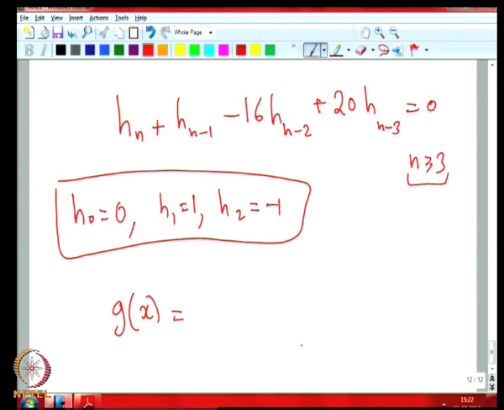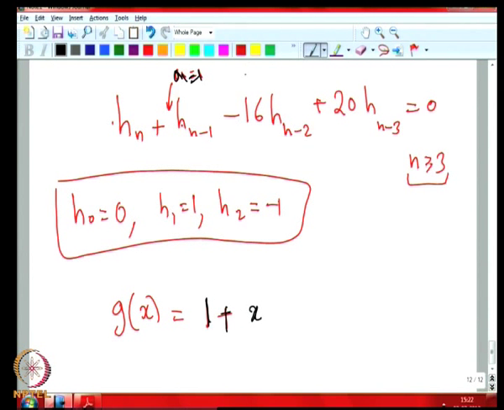You start with 1, then a1 equal to 1, so 1 into x.